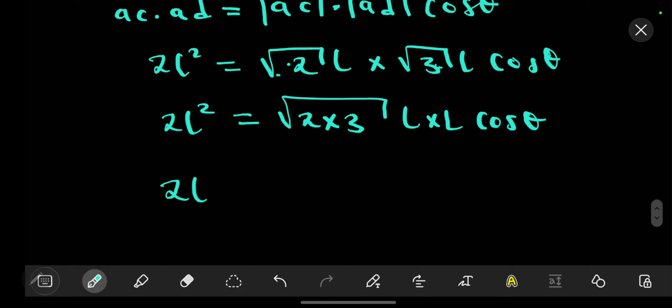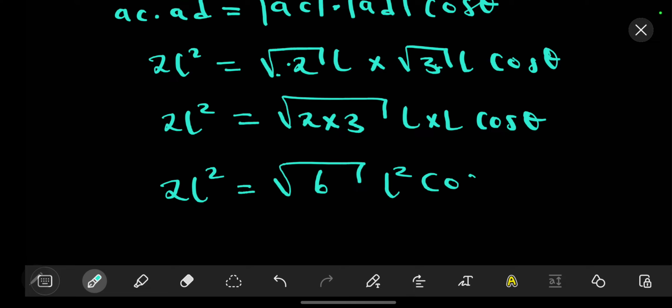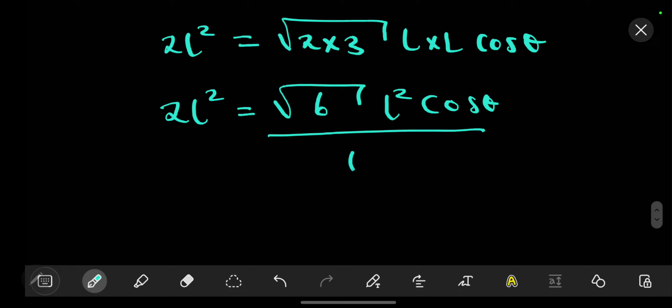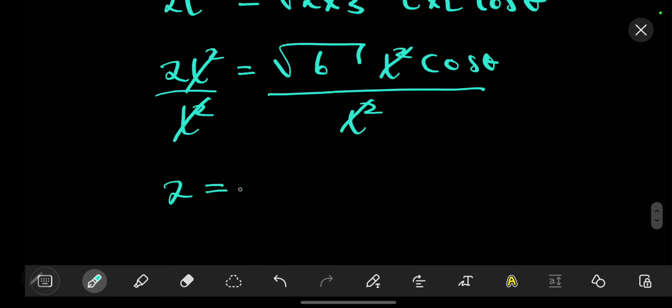So we are going to get 2L squared should be equal to the square root of, what is our 2 times 3? It will give us 6. L times L will give us L squared cosine of theta, like that. So we divide over L squared on both sides. So this goes, and we are remaining with 2 should be equal to the square root of 6 cosine of theta, like that.